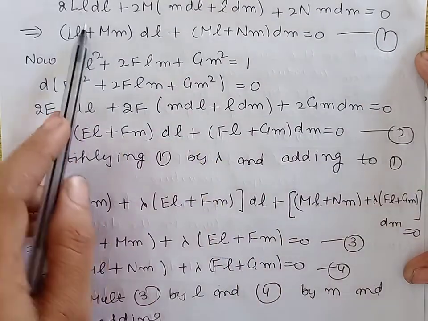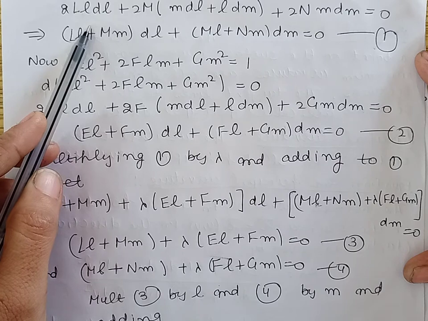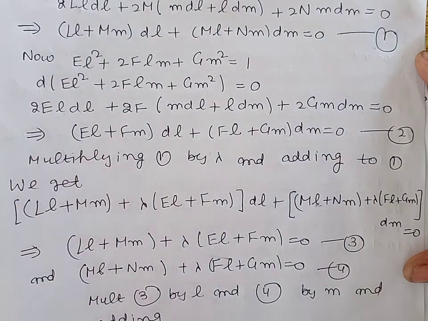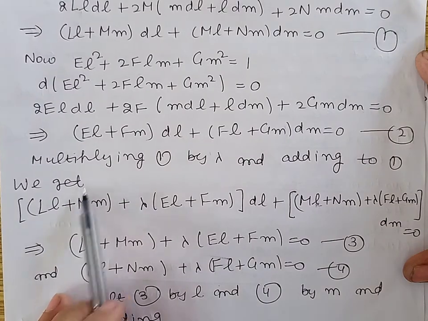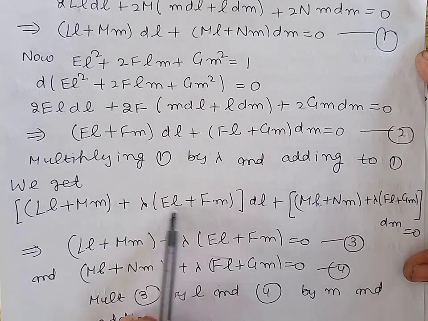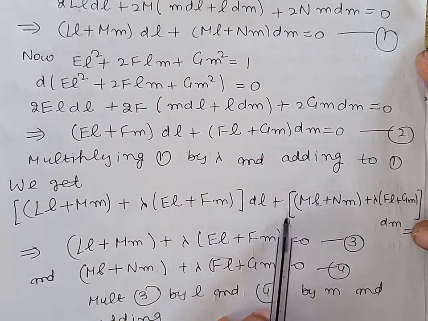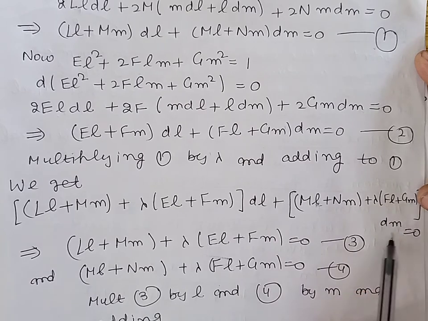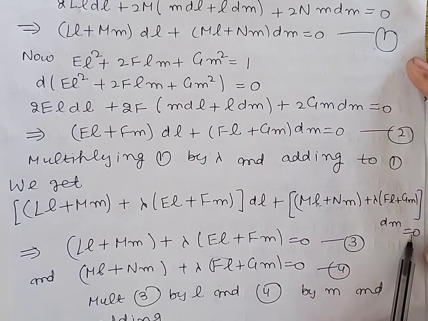Now multiplying this equation by lambda and adding to the previous equation, we get (Ll plus Mm plus lambda into (El plus Fm)) into dl plus (Ml plus Nm plus lambda into (Fl plus Gm)) into dm is equal to 0.